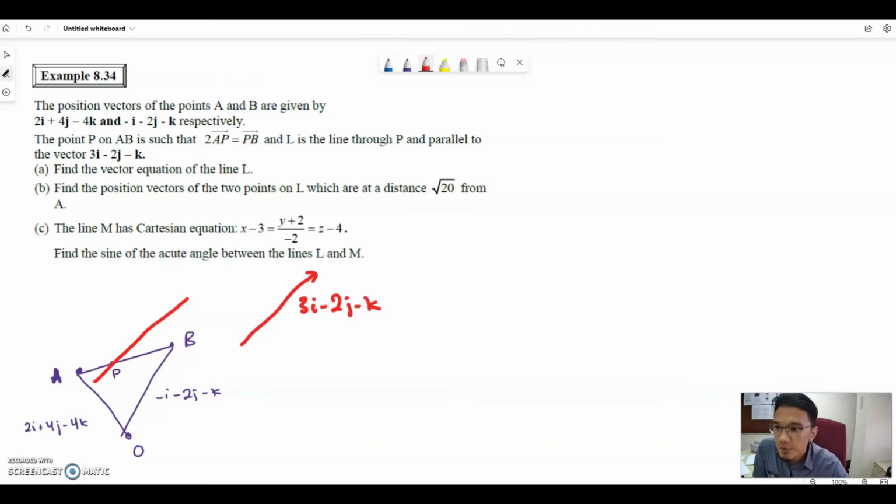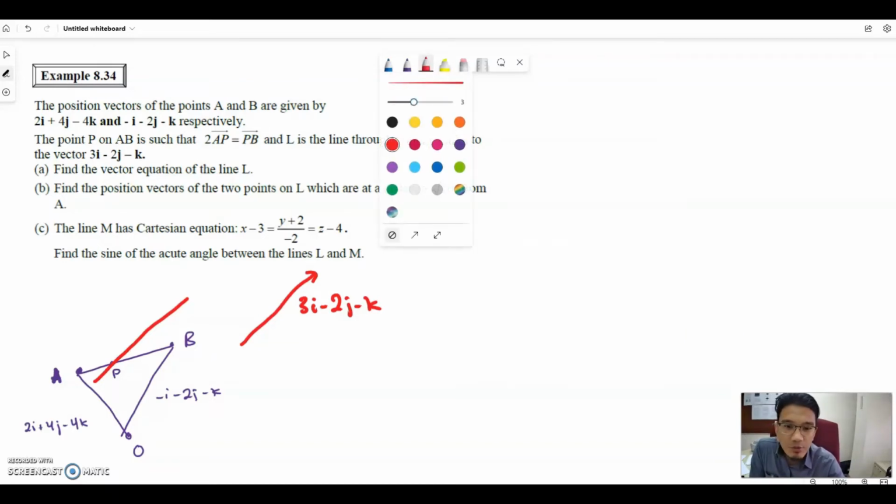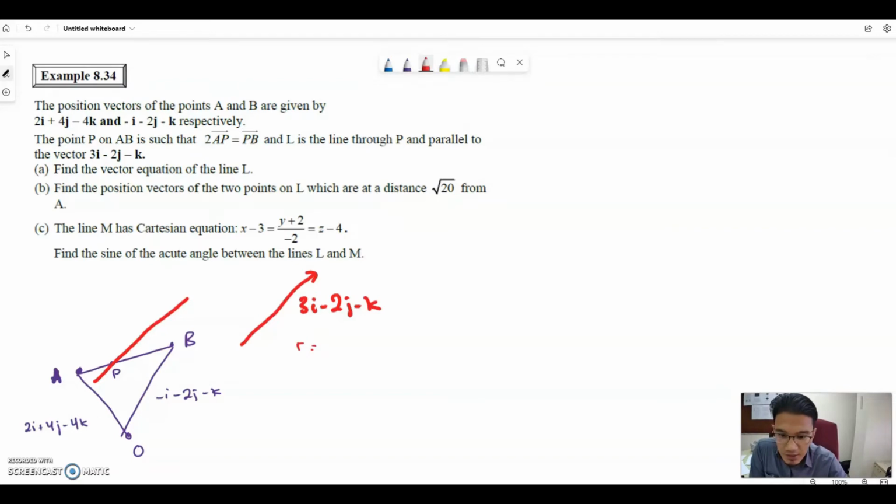Question 1a: find the vector equation of the line L. A vector equation means we need to find r equals a plus tv. r we can keep as r, and a is a fixed point along the line L. What we can use as a fixed point along L is the point P. So we need to find the point P, and the direction vector v must be 3i minus 2j minus k.